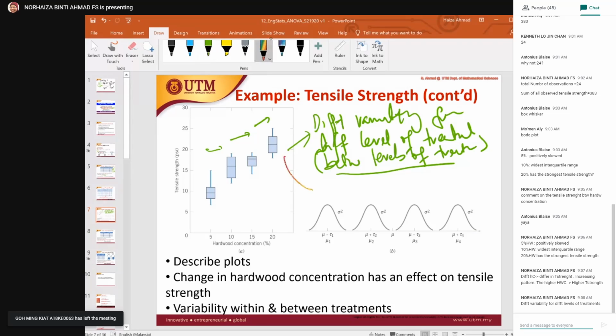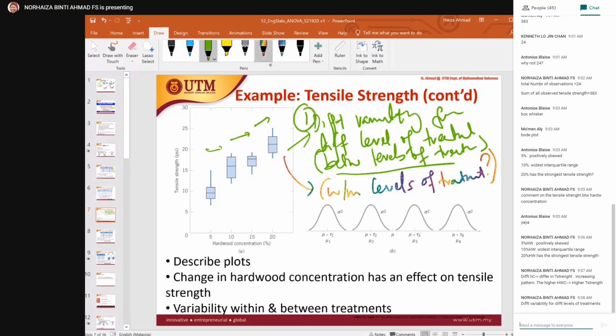What about within levels of treatment? Can you comment on that? Within levels of treatment, as Antonius said earlier, if you look at 5% hardwood concentration, you can see it's positively skewed.